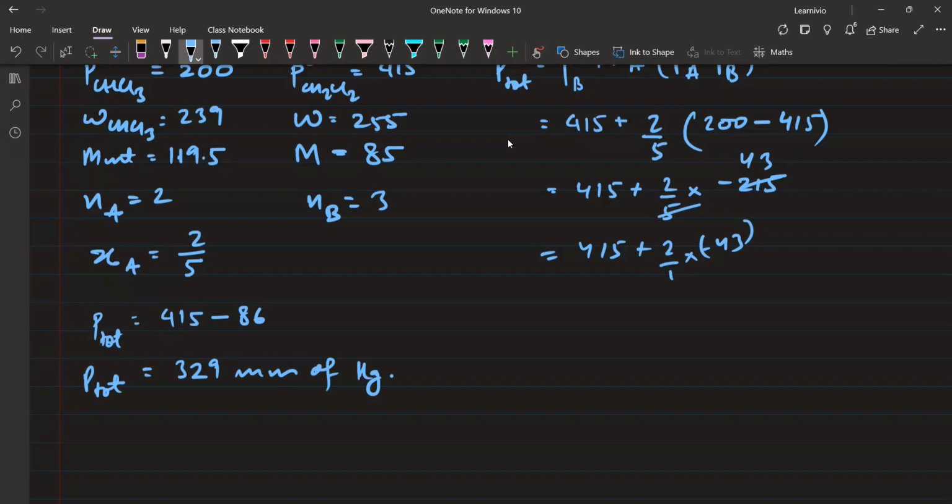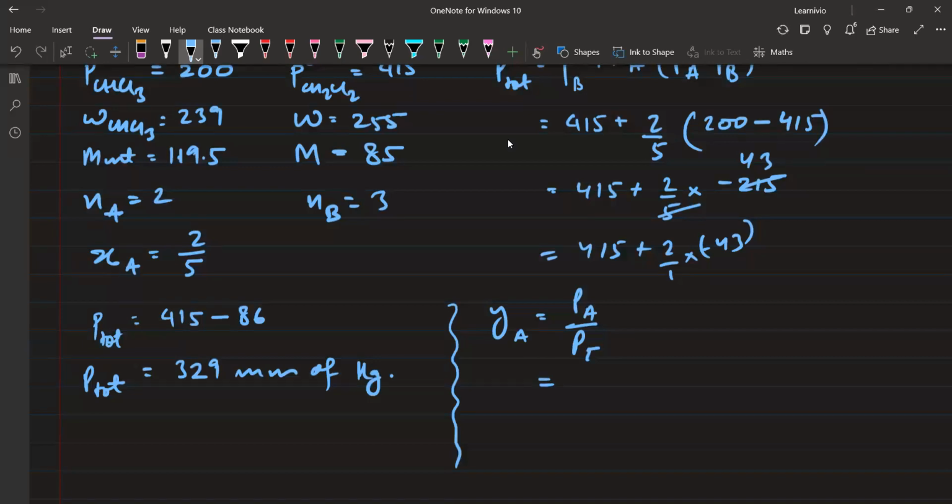Okay. Next, we have to calculate the mole fraction or the composition in vapor phase. So what do we do for the composition in vapor phase? It is very easy. YA will be equal to PA by P total. How much will PA be?